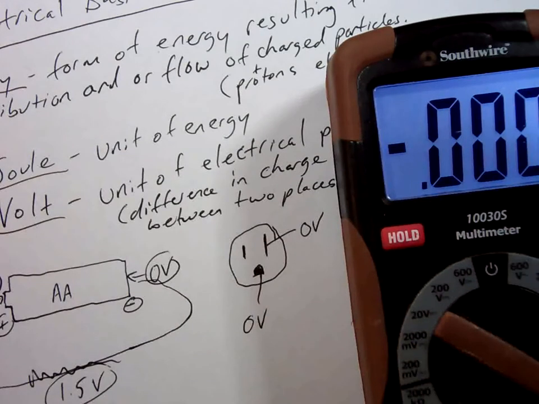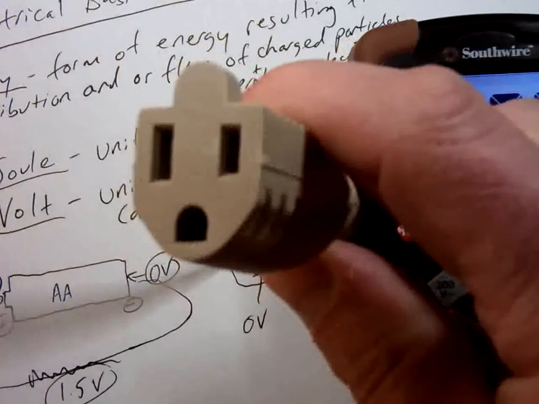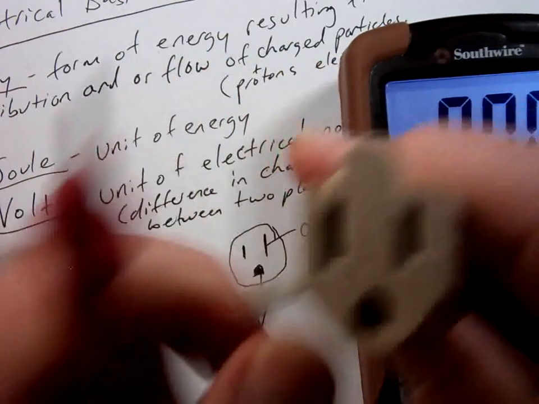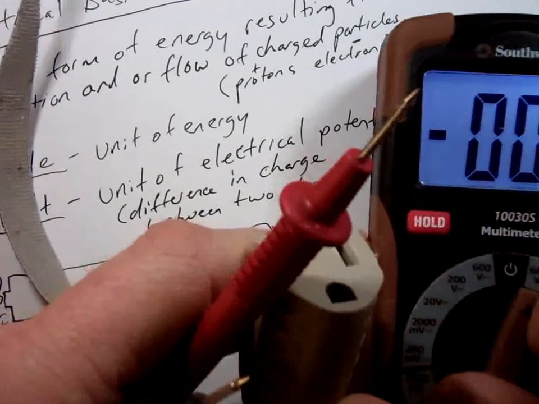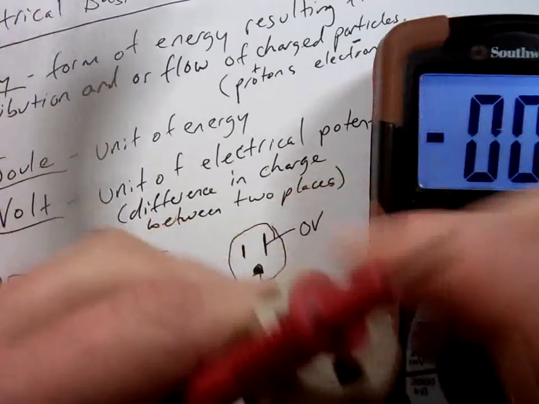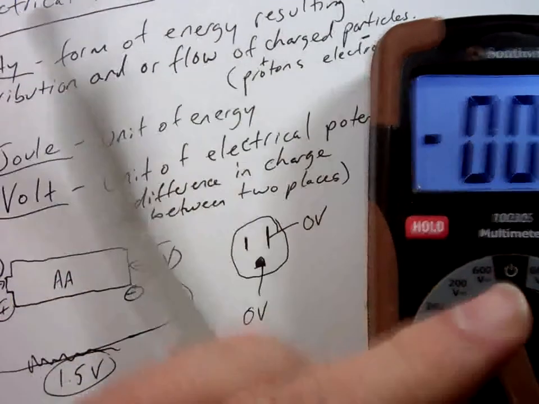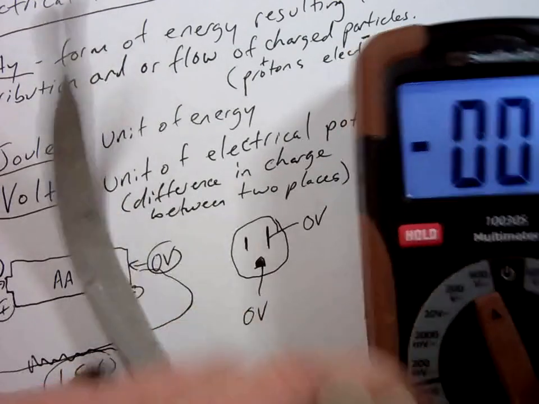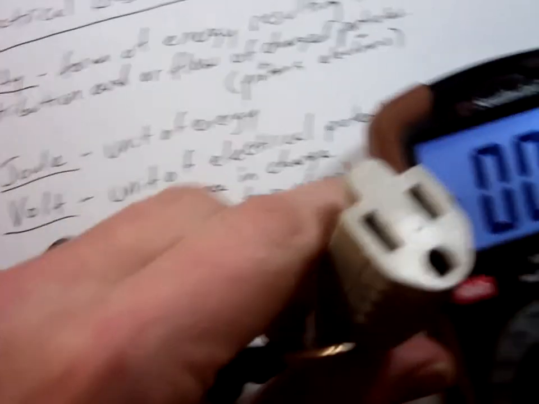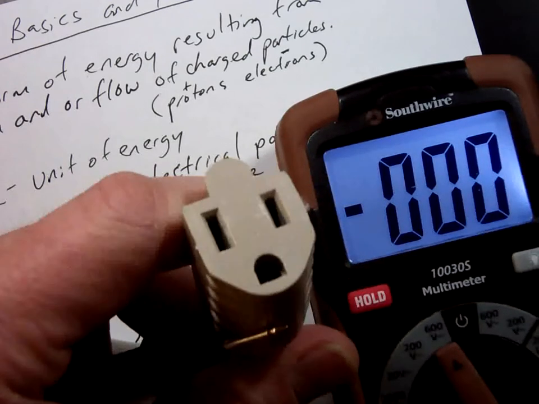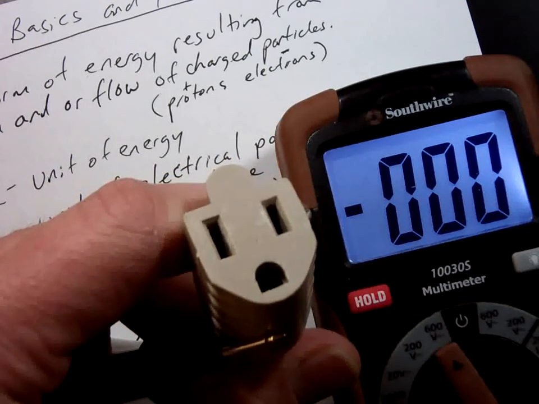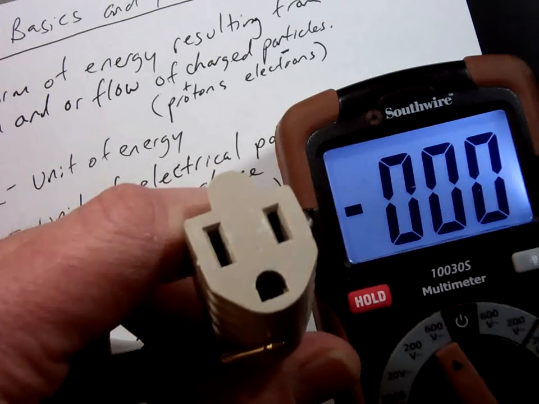Now, this may be a little more dangerous. I plugged this into the wall. Okay. Go ahead and dial 9 and 1, and we'll see what happens next. So, would you suspect that this is going to be less or more than 9 volts? What do you think?